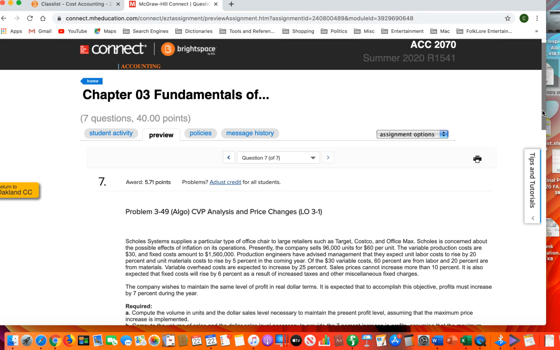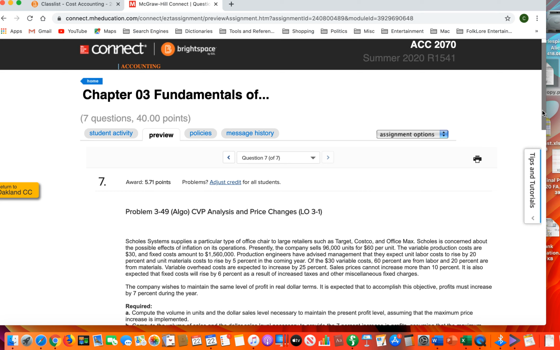So if we want to keep that, given these increases in fixed costs and variable costs, what do we have to do? How many units must we sell at $66?